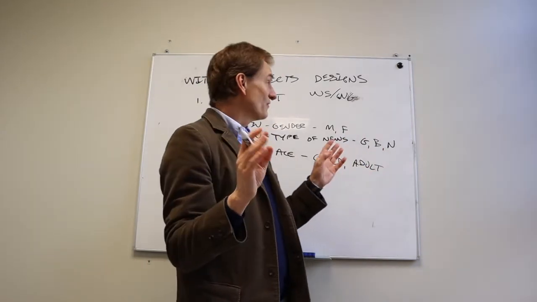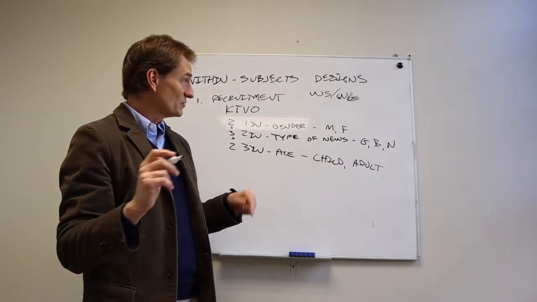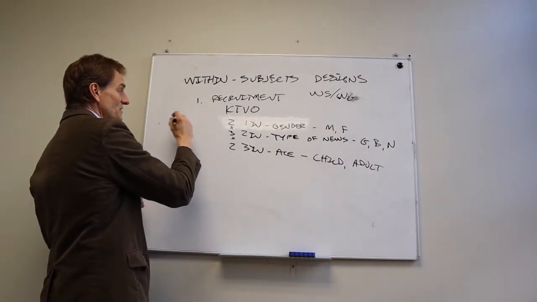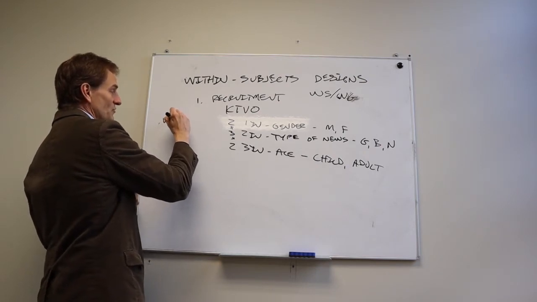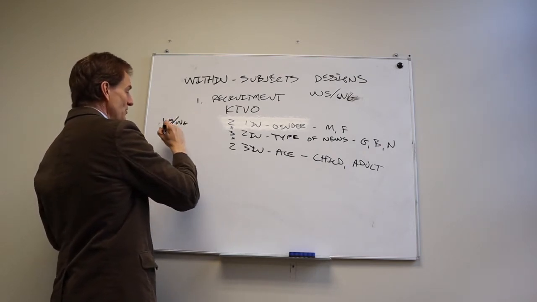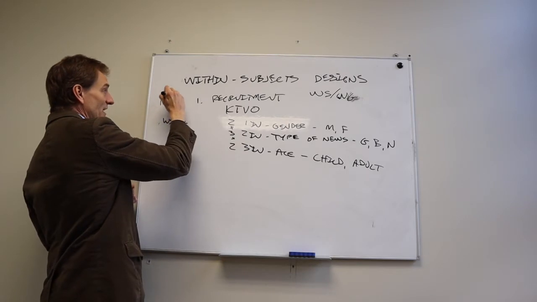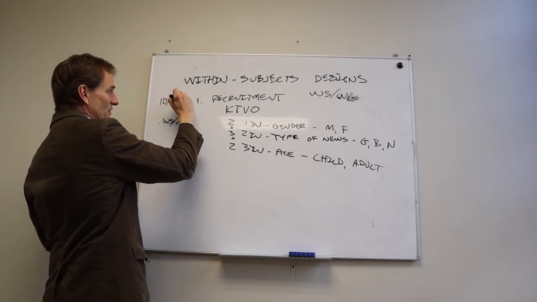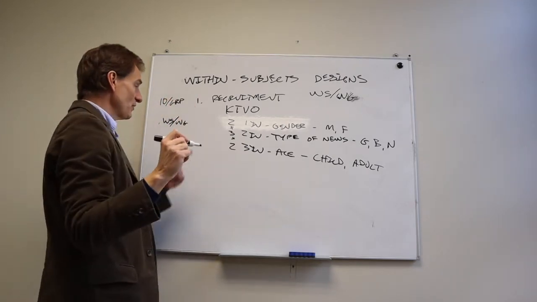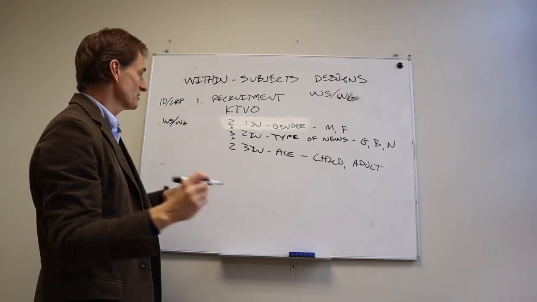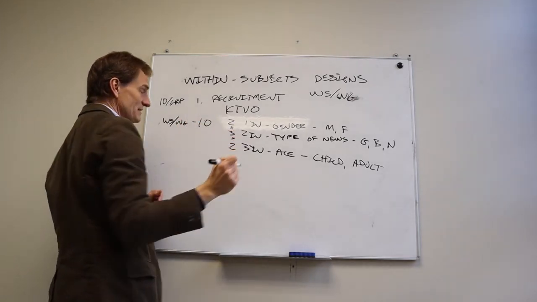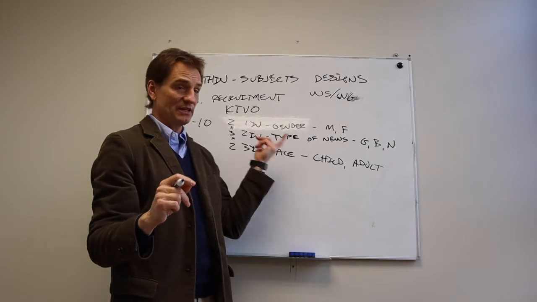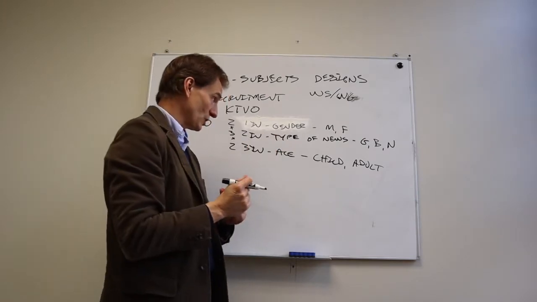Here's the advantage of running this as a within subjects design. If you ran this as a within subjects, within groups design, and you have, in every case, 10 participants per group, then you only need 10 subjects because every person is in every possible condition.